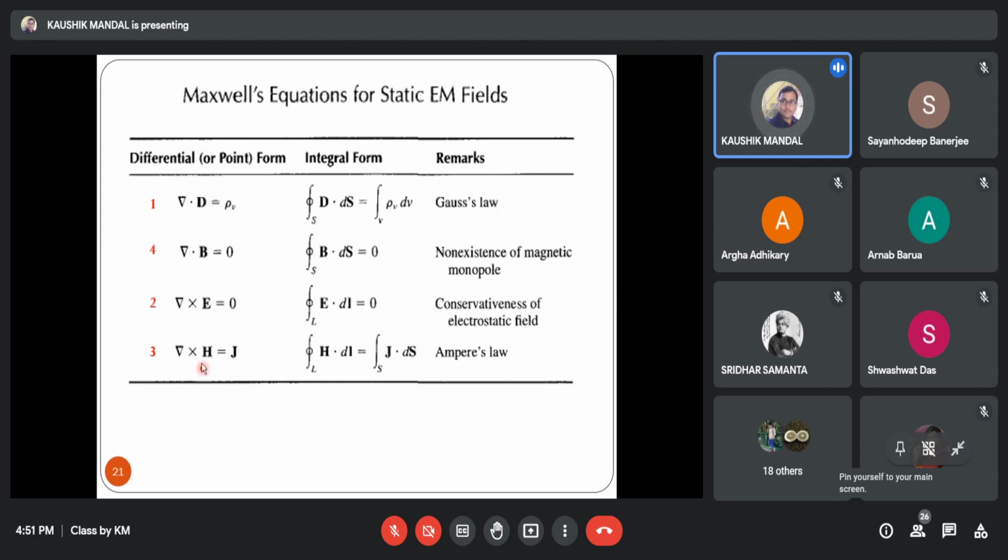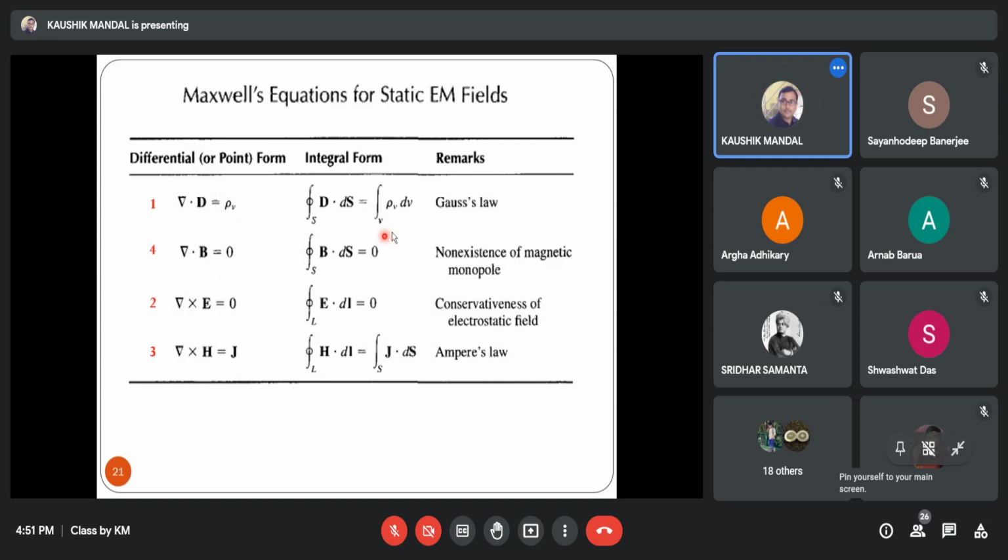Then finally we derived the fourth equation, divergence of B equal to 0. It explains the non-existence of magnetic monopoles. This equation is derived from Gauss's law for the magnetic field. So equation 1 is derived from Gauss's law of the electric field, and equation 4 from Gauss's law of the magnetic field.